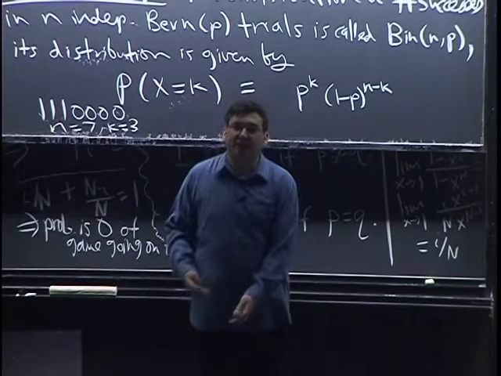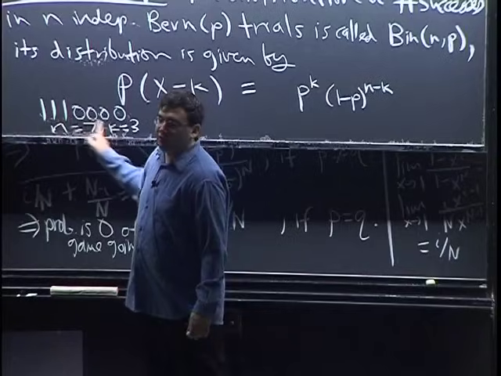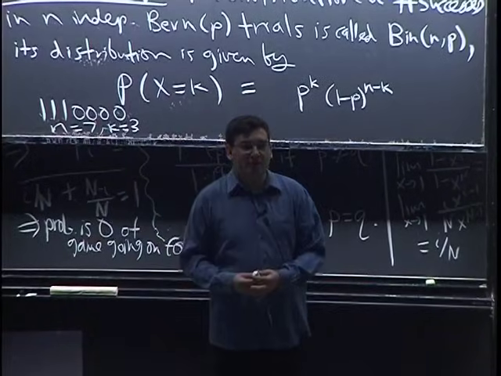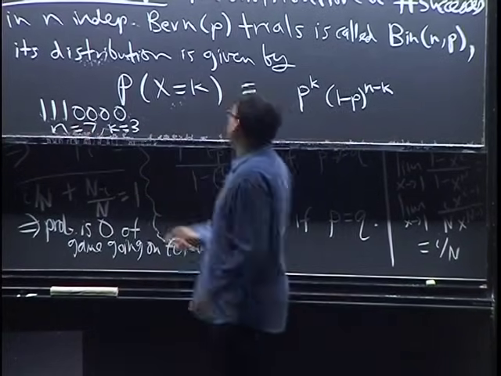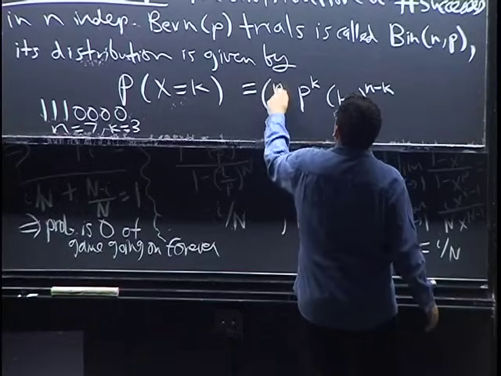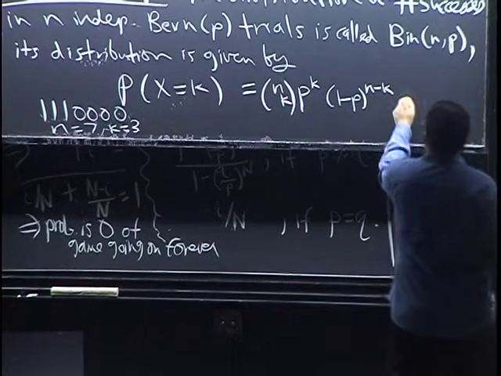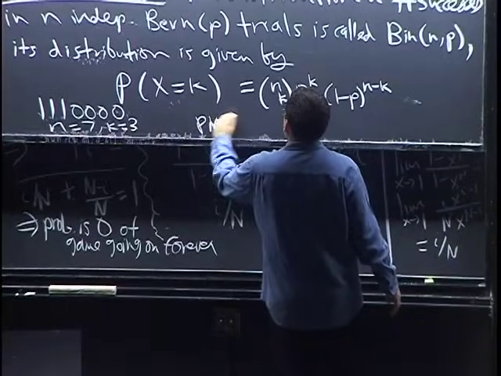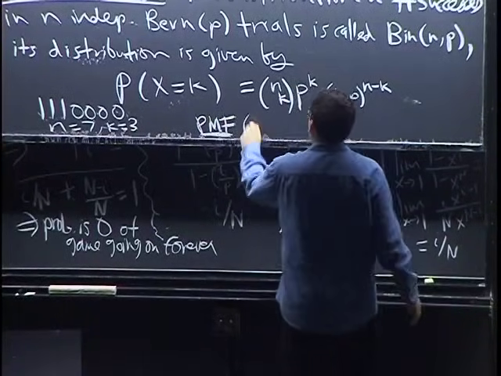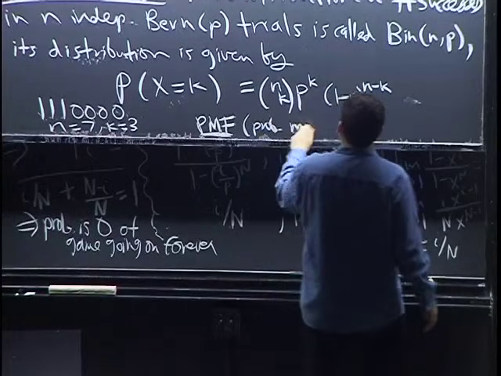So this goes back to counting, right? How many ways are there to rearrange this? Well, we know immediately from the stuff we did on counting that's n choose k, because we just choose where the successes are. So we have n choose k, p to the k, (1 minus p) to the n minus k. This is called the PMF. PMF stands for probability mass function.